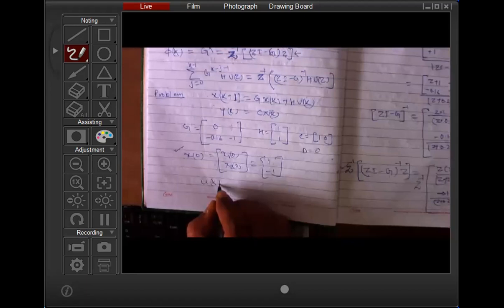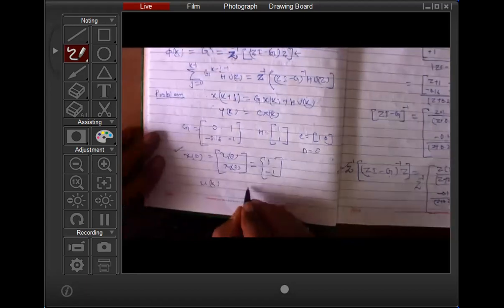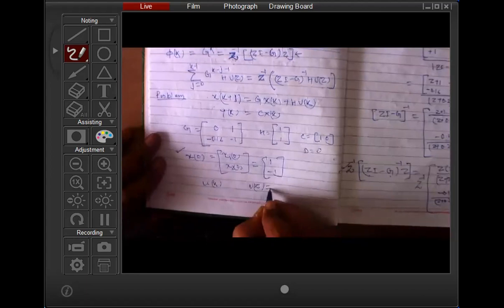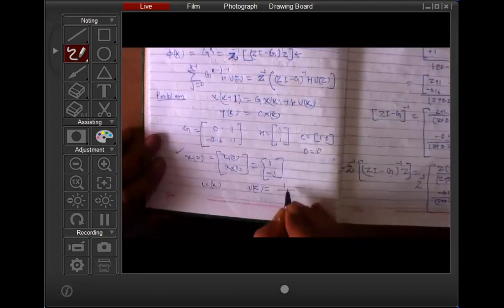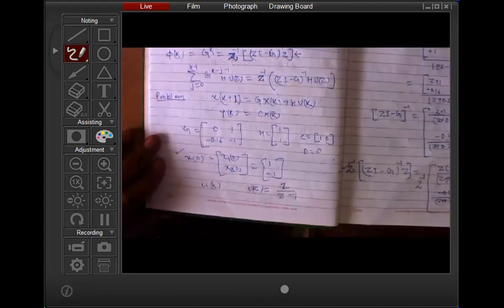So what is the Z transform of u(k)? That is equal to z by z minus 1. Yes or no?